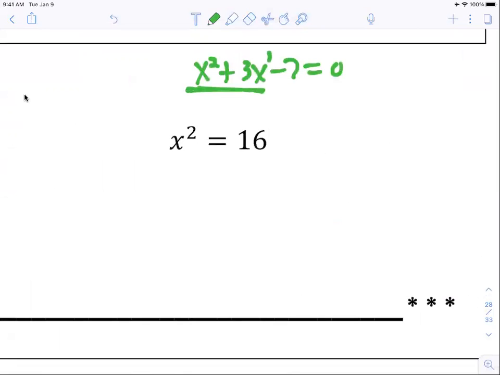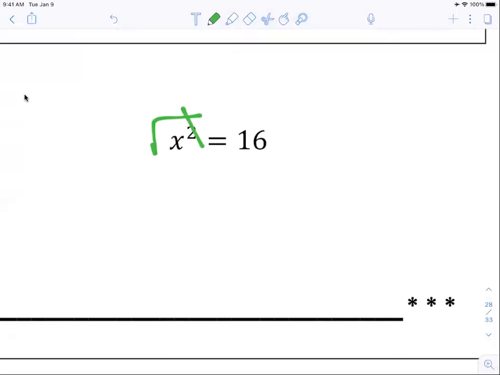But if there's only a squared, there's a nice operation that undoes something that's being squared. It's called the square root. If I want to undo squaring, just like we use multiplication to undo division and addition undoes subtraction, to undo squaring something, we use square roots. Square roots undo squaring, and squaring undoes square roots.